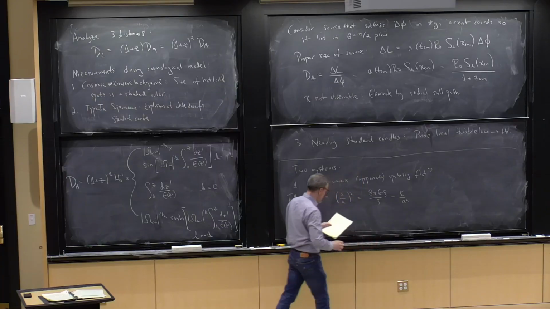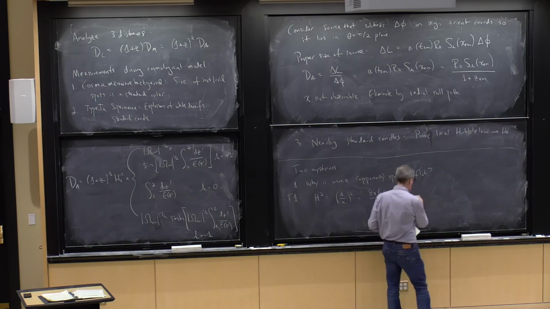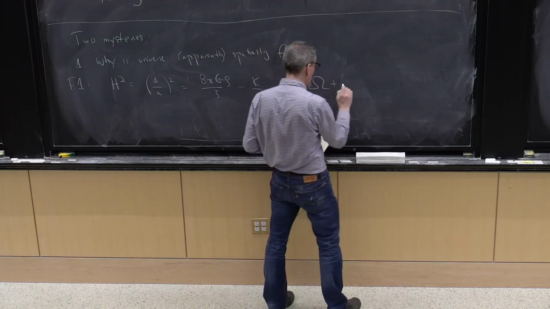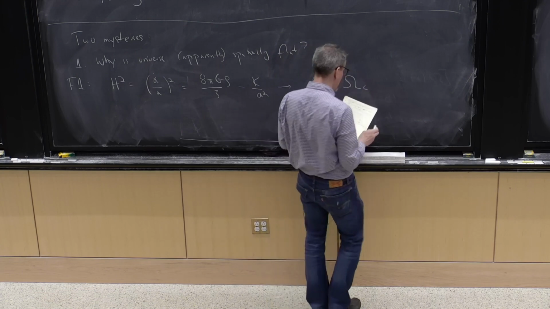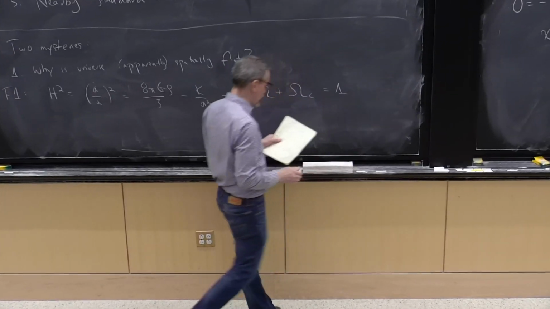I can write this like so, or I can use this form where I say omega plus omega curvature, I'm just going to call that omega c for now, equals 1.